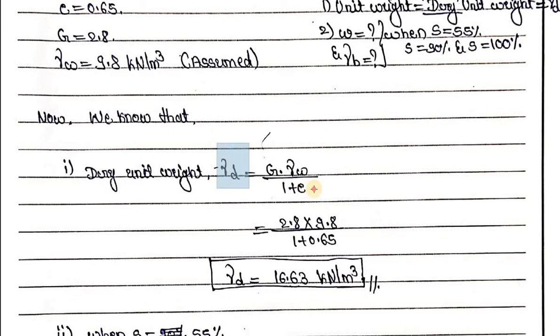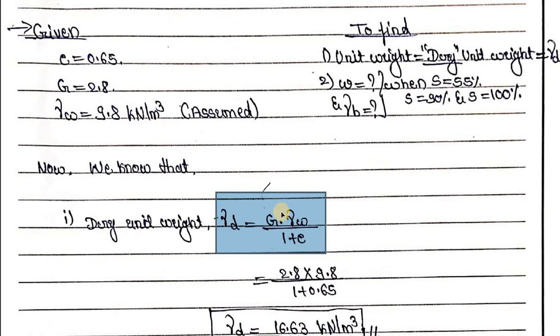You might be wondering how I have chosen this formula. Choosing the formula among the available formulas is very important, because the formula we choose should fit with all the available data. Now you can observe one thing: I have e, I have G, I have γw.